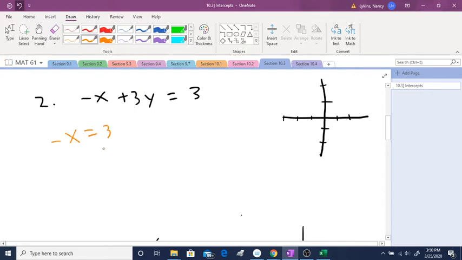Negative x equals 3. Divide by negative 1. X equals negative 3. Now, I'm going to erase this one. So I'm going to cover up the x, or the negative x. I'm going to erase it. That's what the cover-up method means.